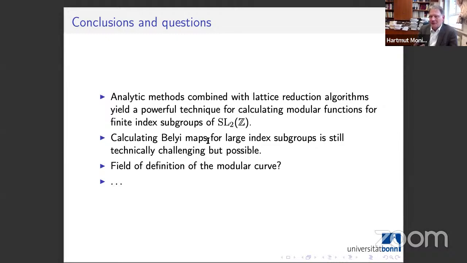What I would like to have before I'm retired is an algorithm which, given the permutations and choosing the cusp at infinity, would give you the number field of the curve.